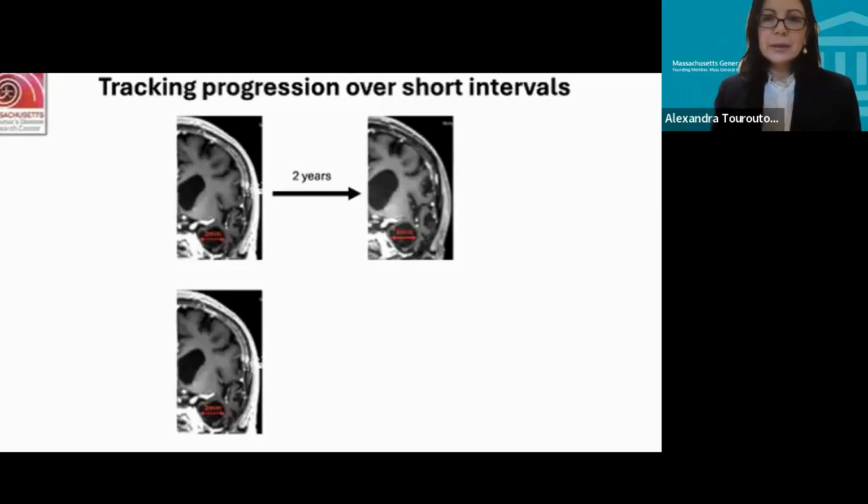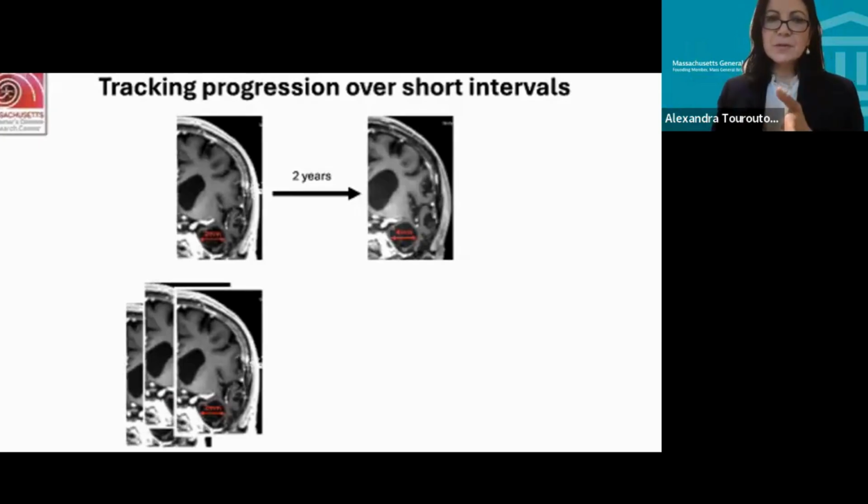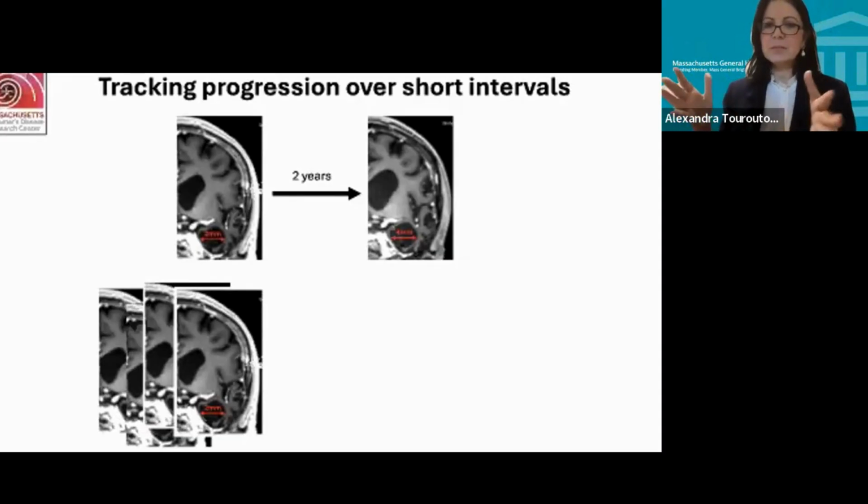Now, what we're doing here, we're really interested in identifying this progression in a shorter period of time, instead of saying, okay, I'm going to look at 2 years after the first MRI. Now we are getting many, many images at the first visit. Getting so many images at the same time gives us a more accurate assessment of the thickness at the first time point.